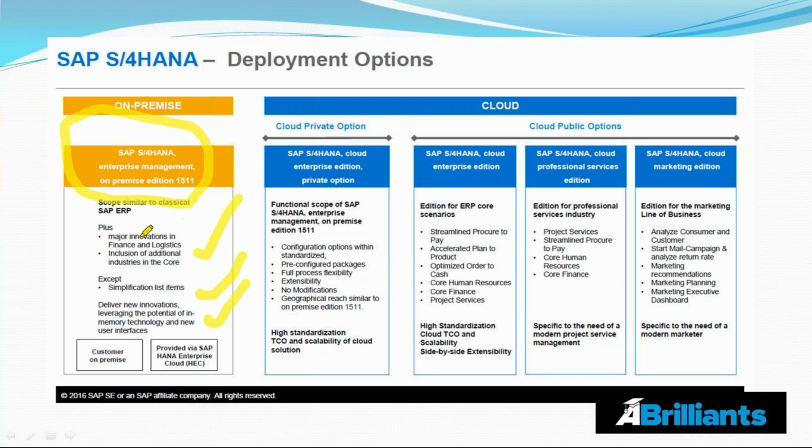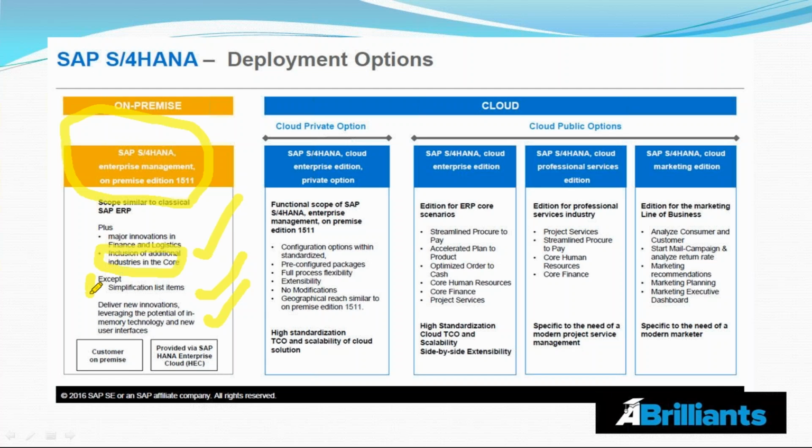Here there are major innovations in terms of finance and logistics, because most of the procedures and configurations have been reduced from 5 steps of configuration to 2 or 3 steps maximum. Here there is an inclusion of industries in the core implementation package, which is very important. Those industries were lacking in our previous version of SAP.